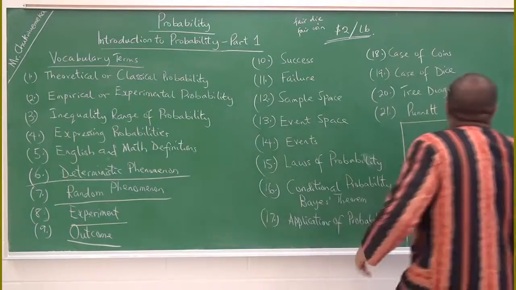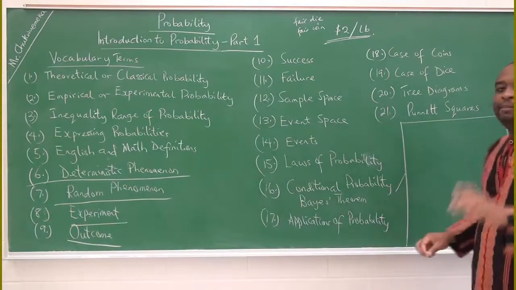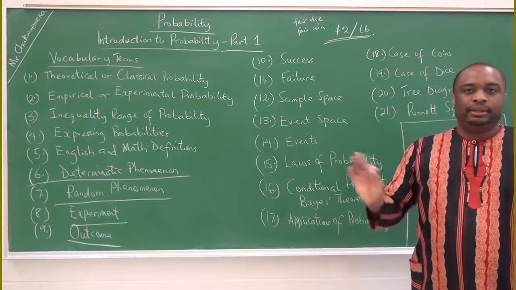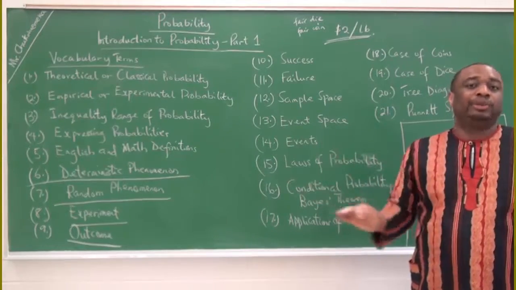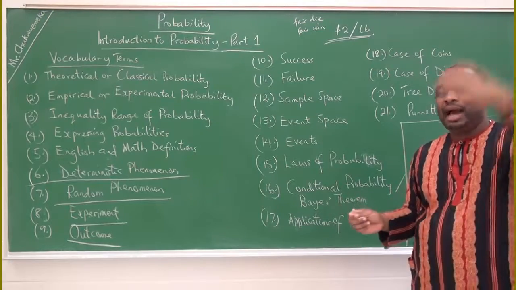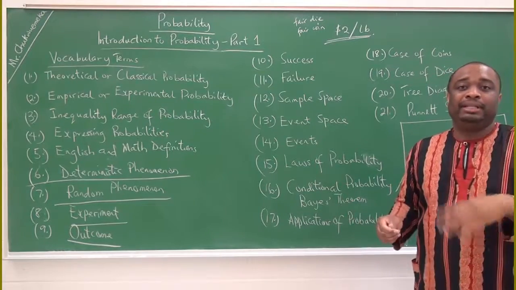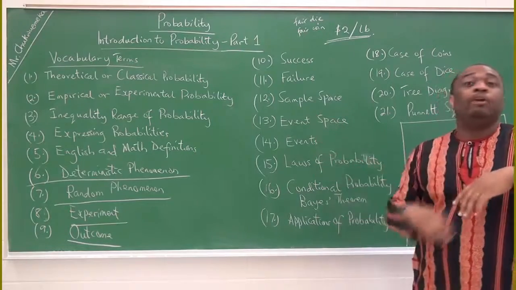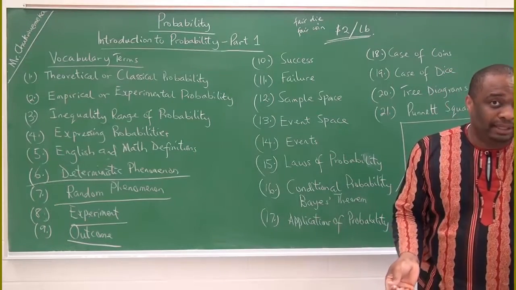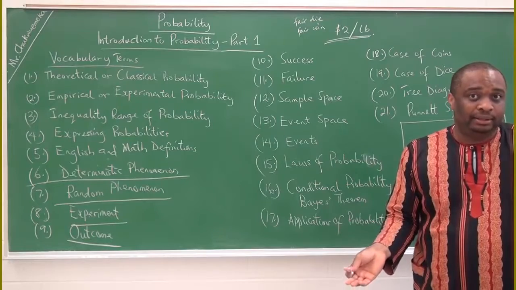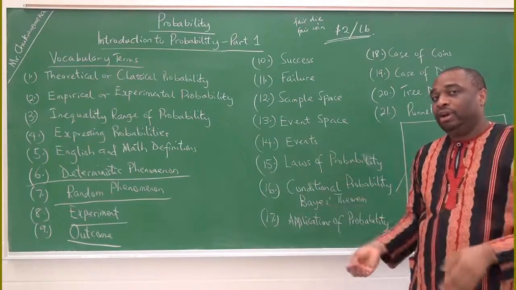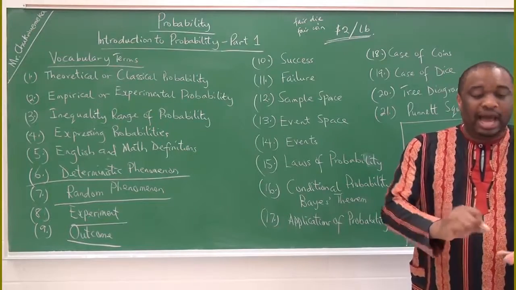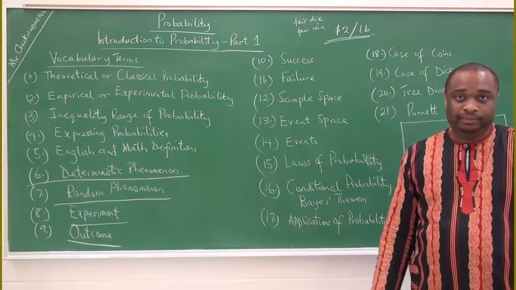This probability came from gambling, games, lotteries. That is how this idea of probability originated. Cheating in gambling: Girolamo Cardano used to cheat. He wrote papers on how you can cheat during gambling.